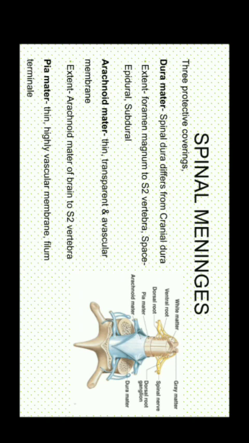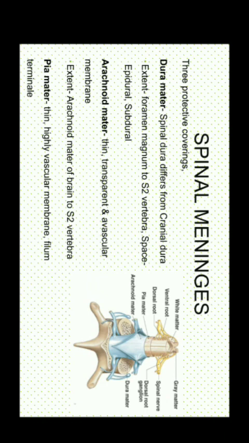Inside the cranium, the brain is covered by meninges, obviously. The same three coverings: dura, arachnoid and the pia mater. But the dura covering the brain is different from the dura covering the spinal cord. They differ in this way: the dura of the spinal cord is single layered, but the dura of the cranium is double layered, and they are named as endosteal layer and meningeal layer.